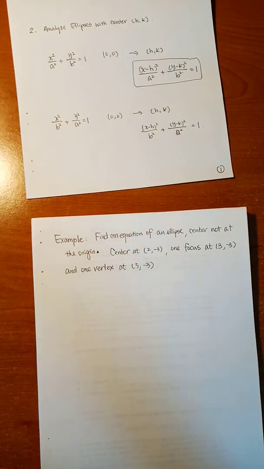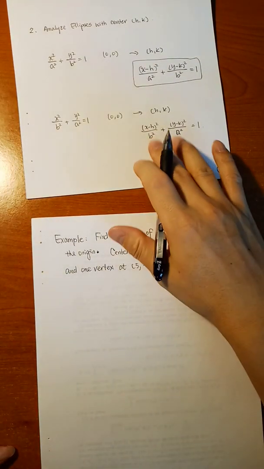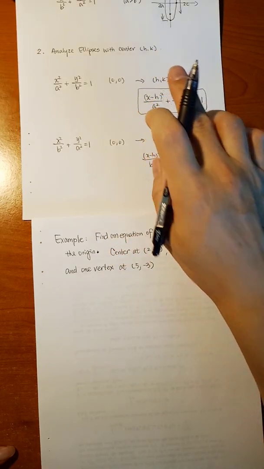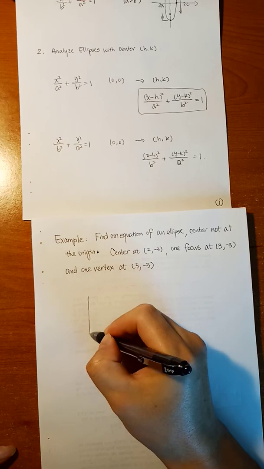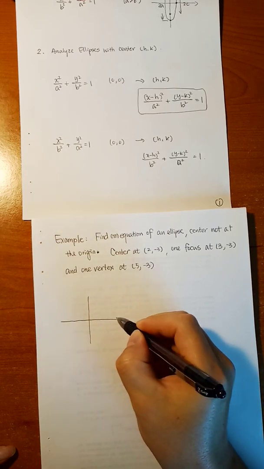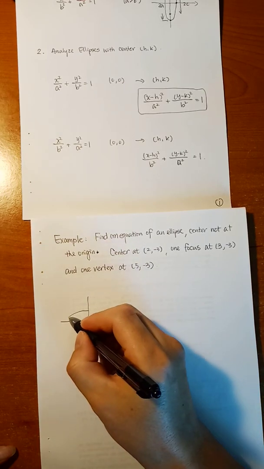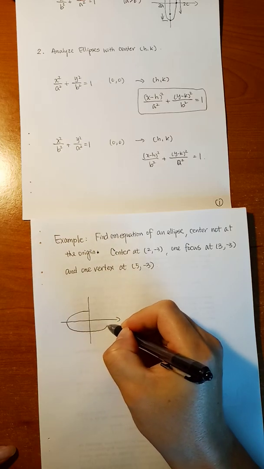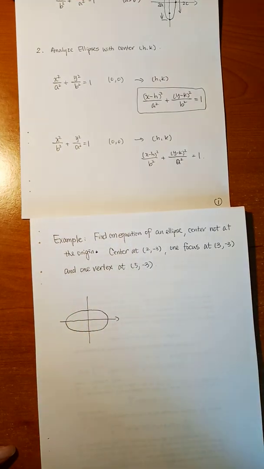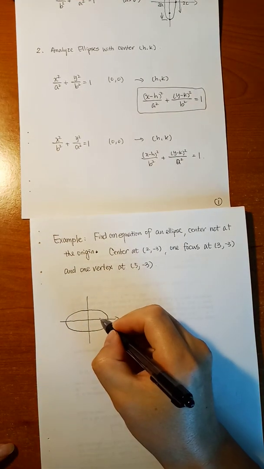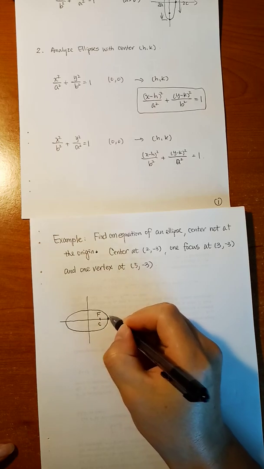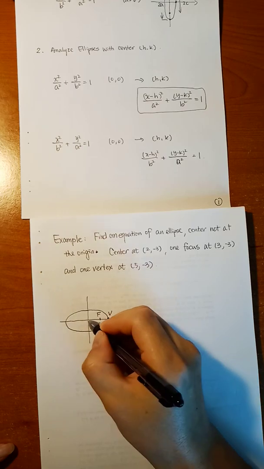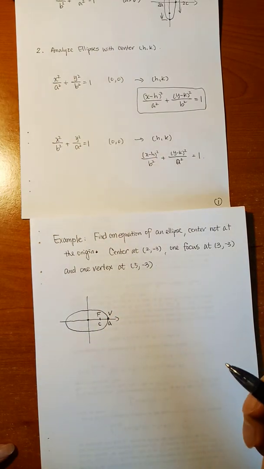Okay, now let's first check the standard case, and then we go back to this general position. Assume we have this standard position. Standard position, F is here. It's a focus, and this is vertex V. This is a. This is center (0, 0).